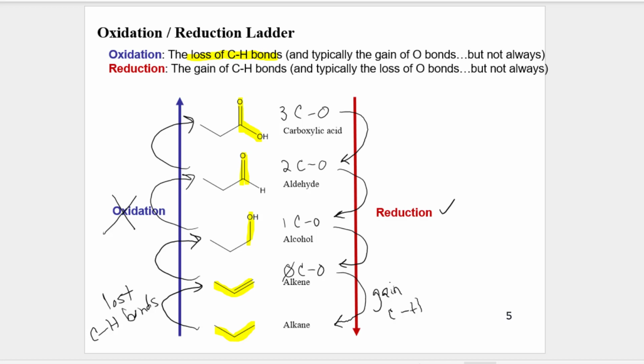Most of the reactions you're going to see in this chapter, however, are not reductions or oxidations, but derivatives. So we're going to go from, say, a carboxylic acid to an ester. Notice that they have the same number of carbon-oxygen bonds, and we didn't lose or gain any CH bonds in the process. So we're making lateral moves. So these are the derivatives of carboxylic acid.